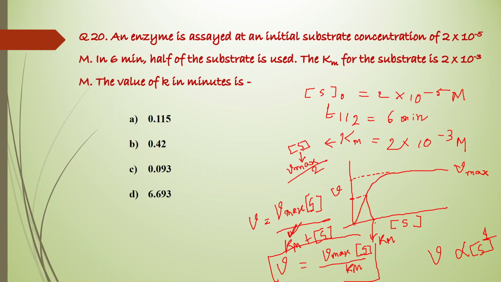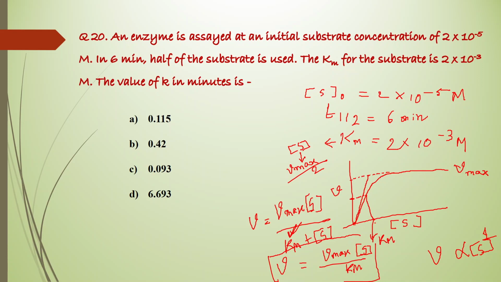That means at very low concentration our reaction is first order. We have also learned this in our lectures, that at very low concentration our reaction remains first order, and at high substrate concentration it becomes zero order.